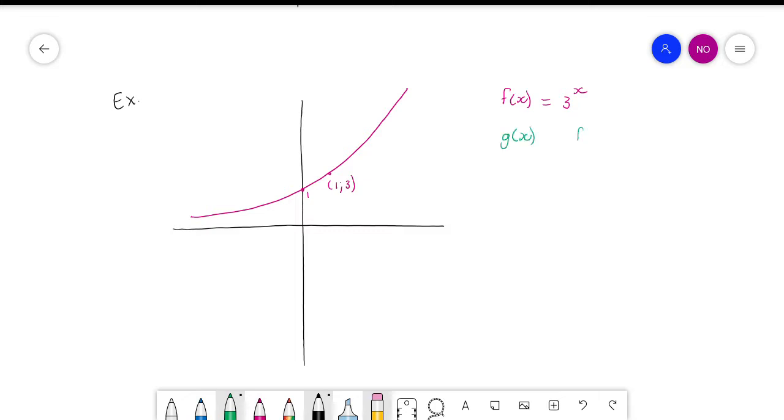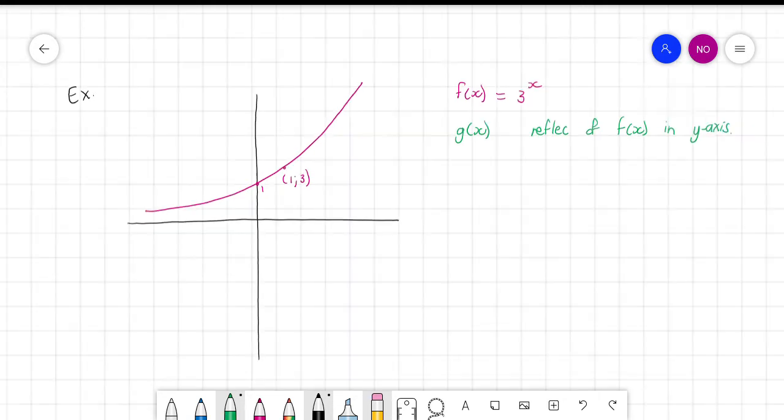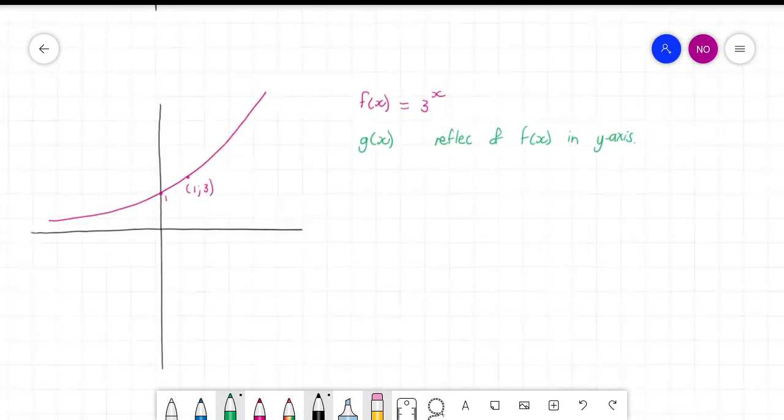is a reflection of f of x in the y-axis. Okay, so let's do this.